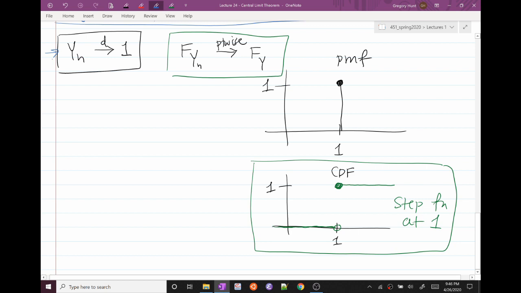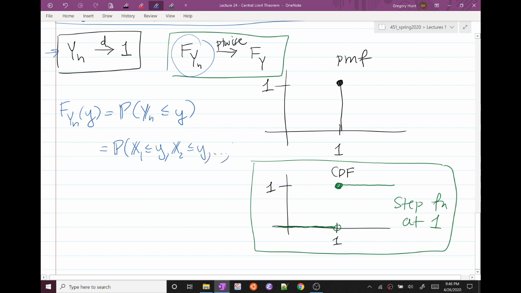So what do we need? We need the CDF of the Y sub n's. So F of Y sub n of little y is defined, of course, to be the probability that Y sub n is less than or equal to little y. And as we saw above, if Y sub n is the maximum, the probability that the maximum is less than or equal to little y is just the probability that all of them are less than or equal to little y.